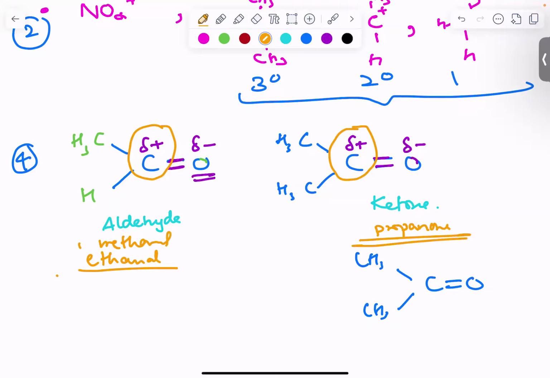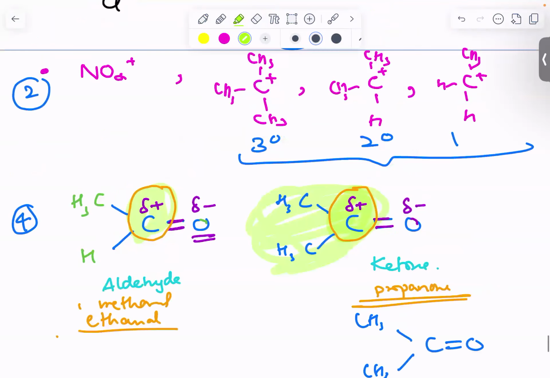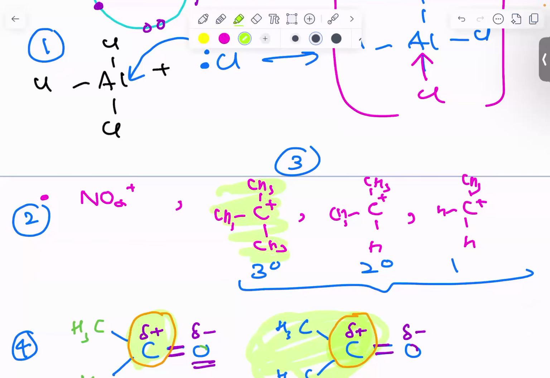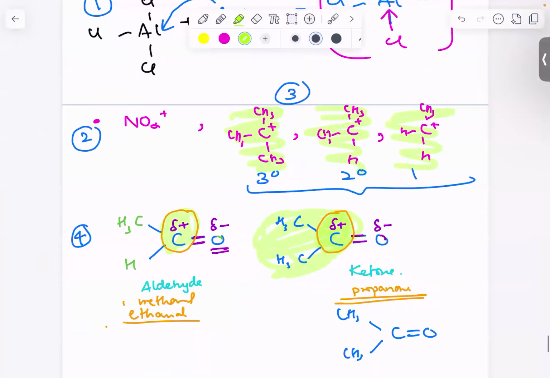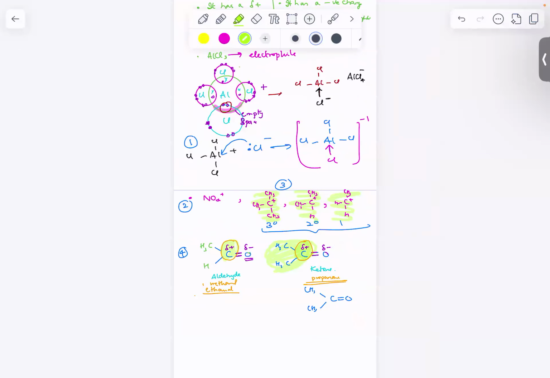This is a very important point. Are you getting what I'm saying? So this is also an example of an electrophile. But keep in mind, it's a part of a molecule. It's not separate. However, this is separate. Look, this is separate. Is it clear? So, for electrophiles, I have given you four examples.